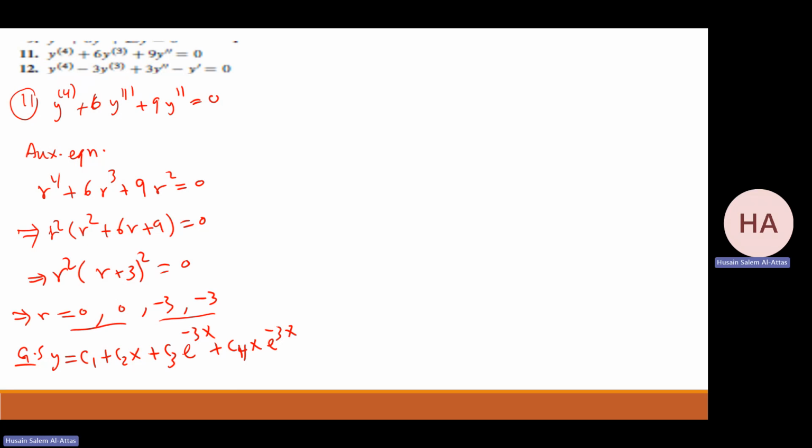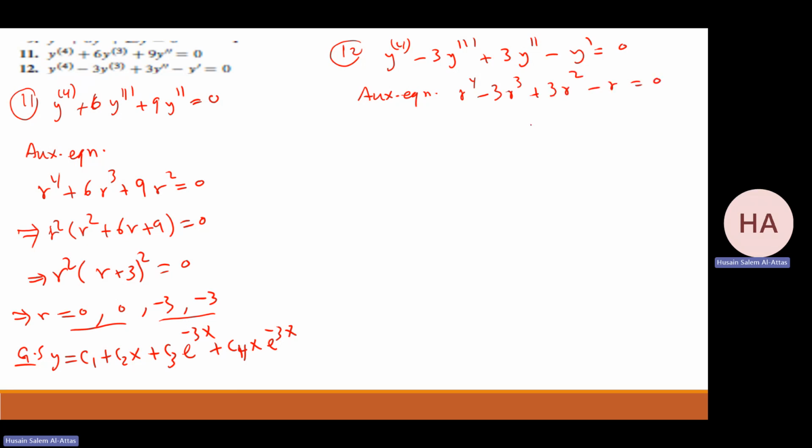Okay, 12. This is the equation. Auxiliary equation will be r to the power 4 minus 3r cubed plus 3r squared minus r equals 0.